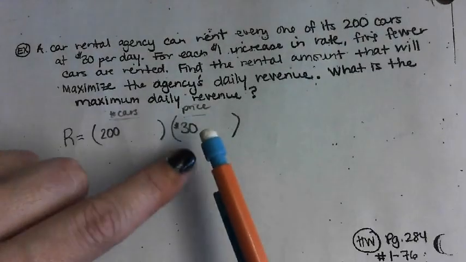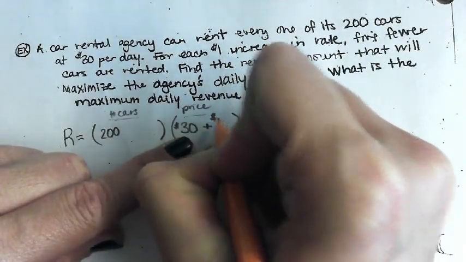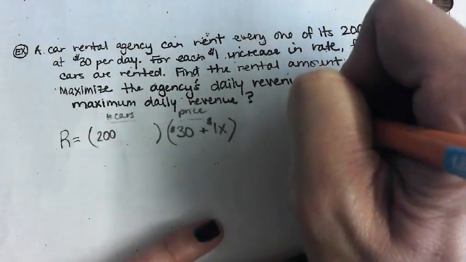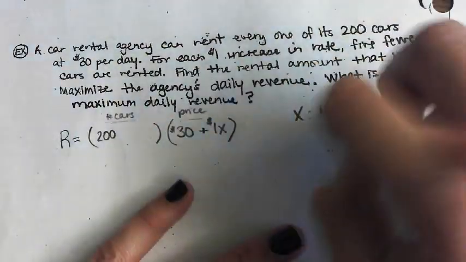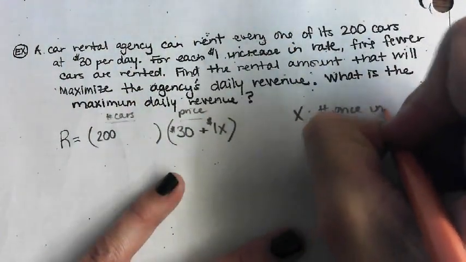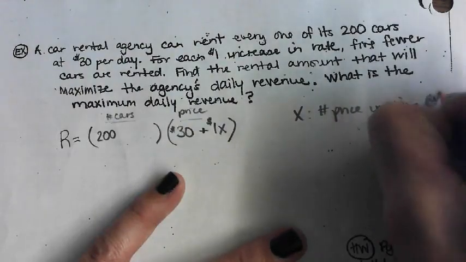So every time the price, this $30, increases by $1, X now is going to be the number of times that we do that. So X is the number of price increases, and those are $1 each.